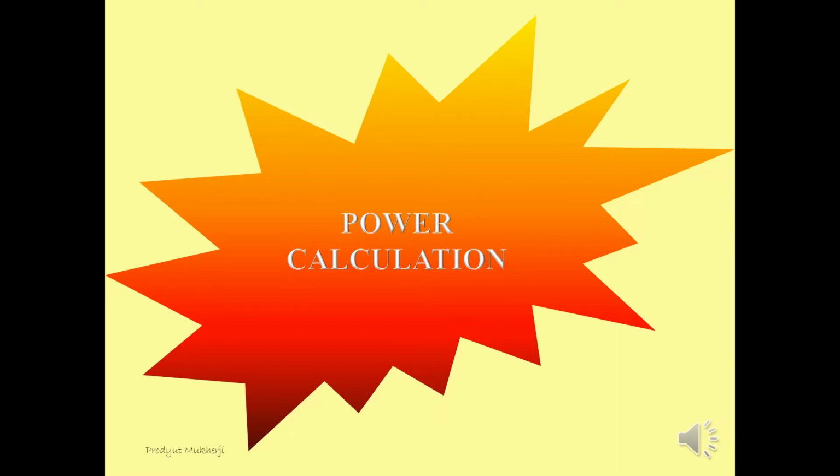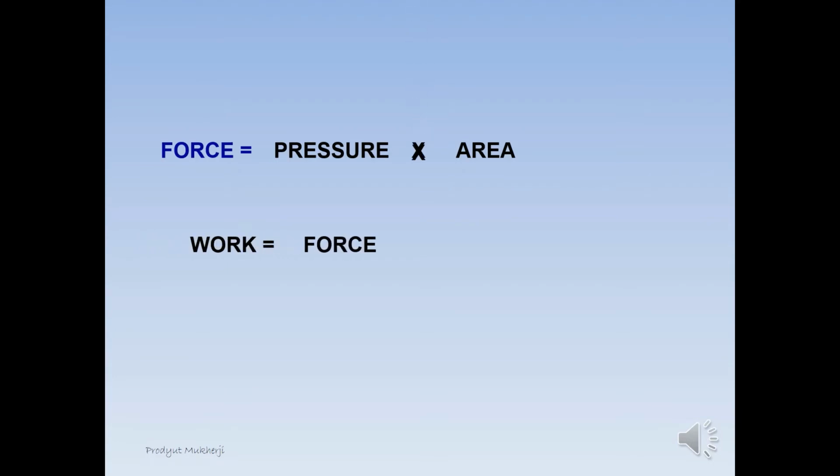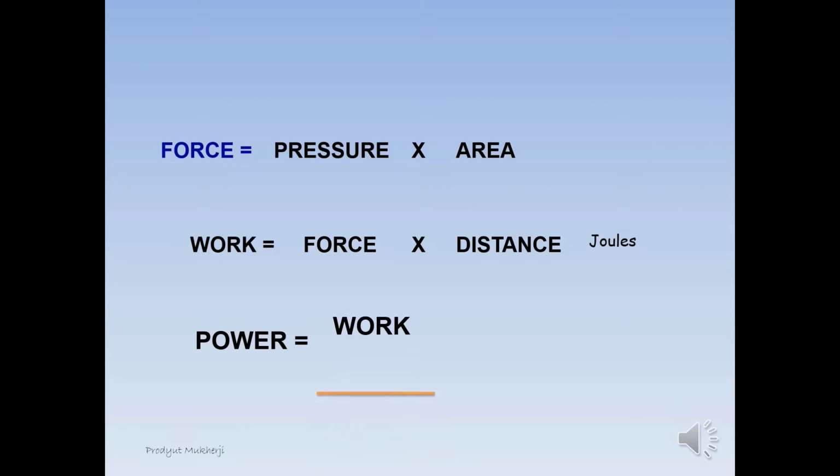And today we shall take up one of the topics under the numerical chapter, that is power calculation in the diesel engine. Before going into the power, let us just revise some basic formulas which we have done in class 8, 9, 10: force is equal to pressure into area, and work done is equal to force into the distance that a body moves, expressed in joules, and power generated is work done per second, which is expressed in joules per second, and the common unit is watts.